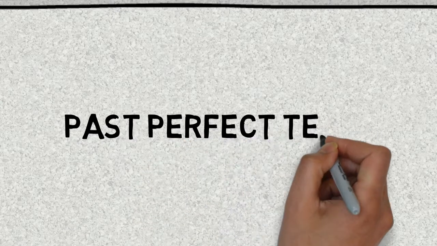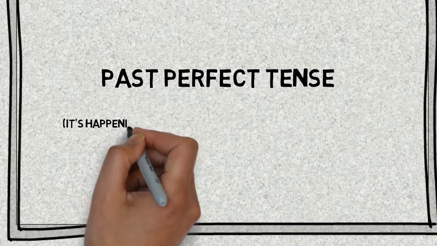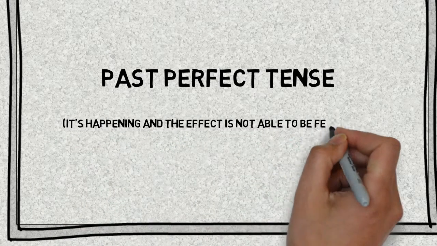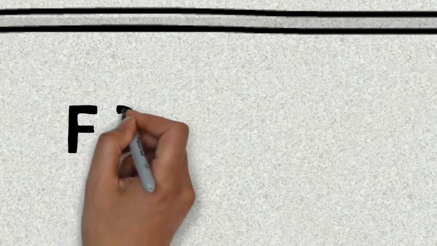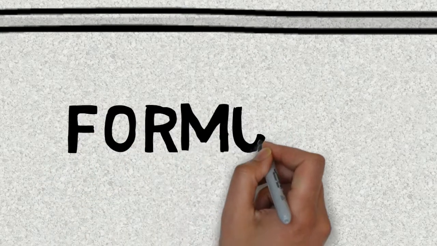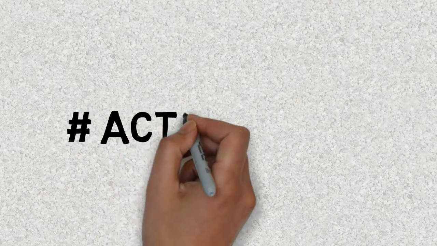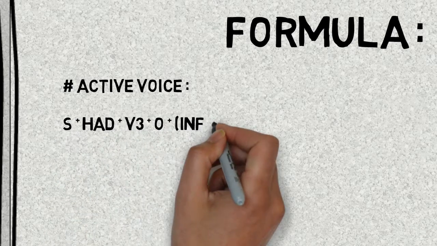Past perfect tense. We use this tense for a condition that has occurred and the effect is not able to be felt again. The formula for the past perfect tense, for the active voice, is subject plus had plus verb 3 plus object plus informal information.